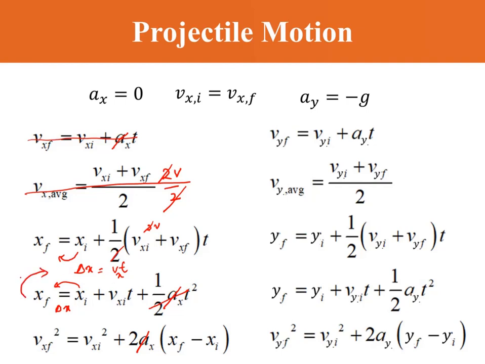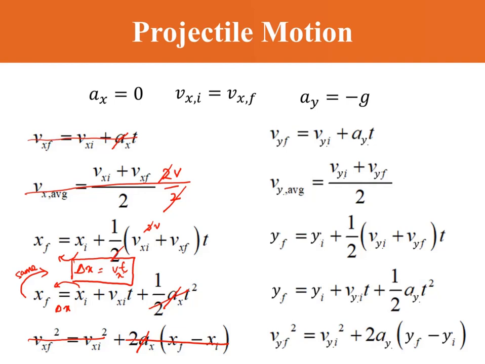And this equation is also a statement, because a equals 0, so v final squared equals v initial squared. So for the x-axis, we have only one equation: delta x equals vx t.